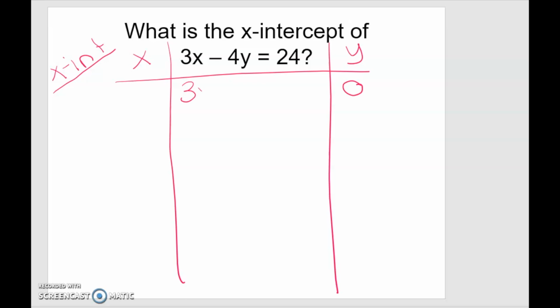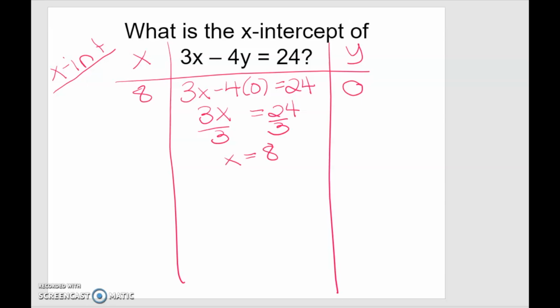So we have 3x minus 4 times 0 equals 24. So 4 times 0 is 0. So 3x minus 0, I don't need to write that, equals 24. Divide by 3, and x equals 8. So that's going to be my first ordered pair, (8, 0), my x-intercept.